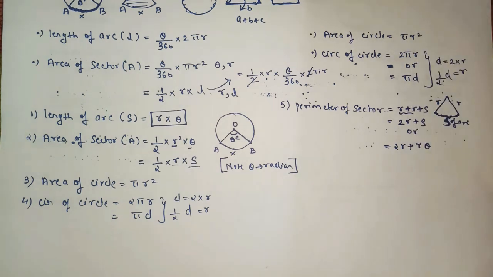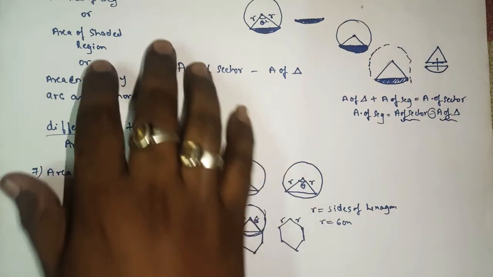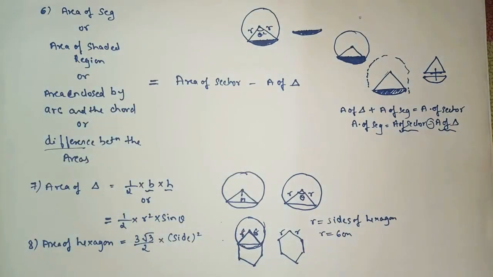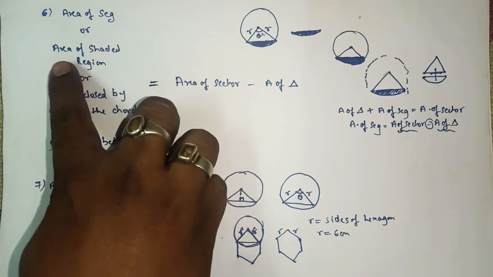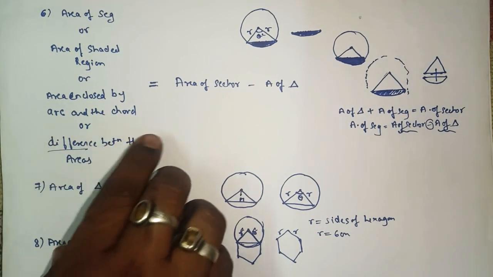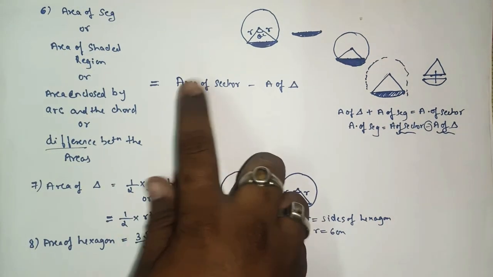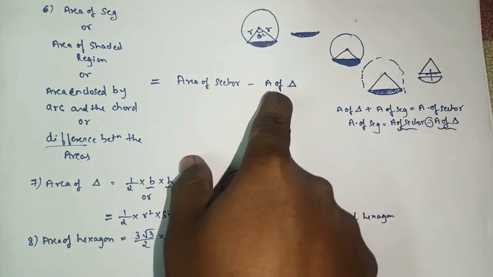So the next formula is very important, as in the exercise there are 3-4 sums based on this: how to find the area of segment, area of shaded region, area enclosed by the arc and the chord, or difference between the areas. For all the 4 cases the formula will be the same: area of sector minus area of triangle.